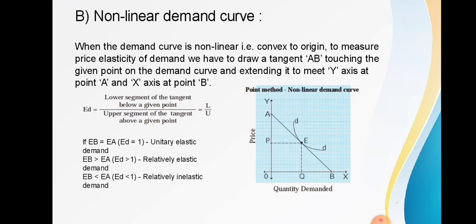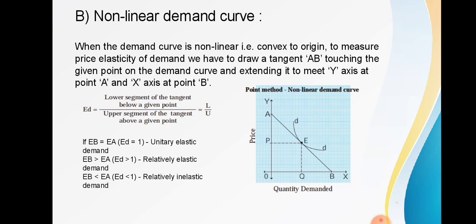Here, if EB is equal to EA, are you getting? In the non-linear curve, if EB is equal to EA, it is equal to 1, unitary elastic demand.